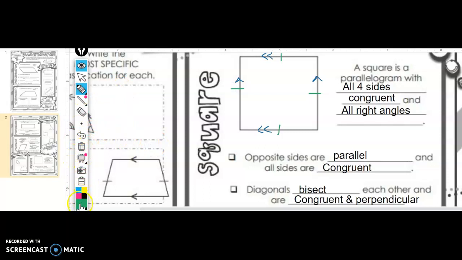The diagonals bisect each other, so when I crisscross my diagonals, and they are perpendicular. So they are perpendicular there. We've got to mark that they are congruent. So actually in this one, they are the same measurement because of the length. So all four pieces are equal to each other.